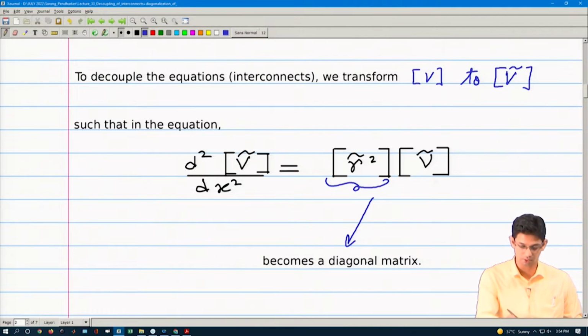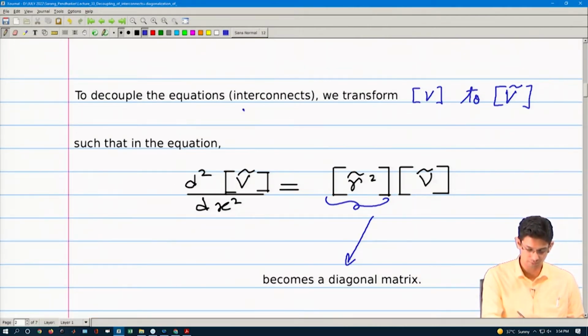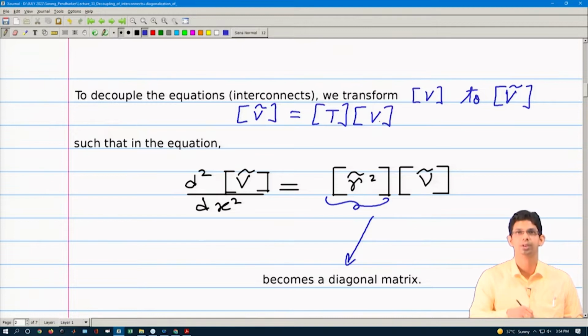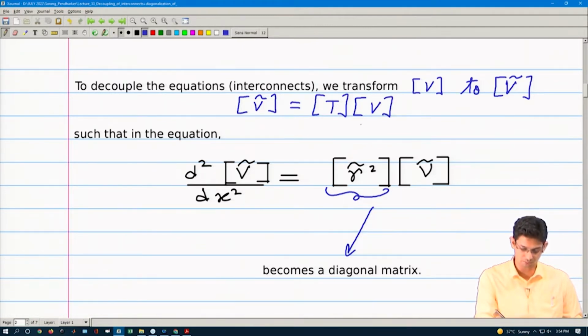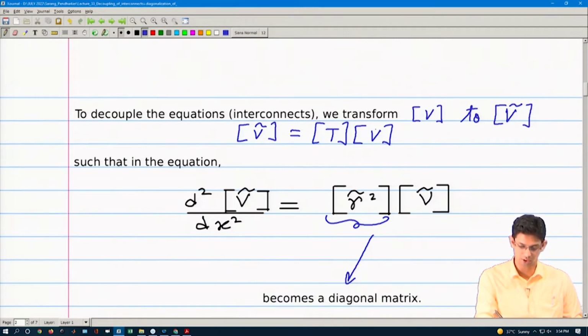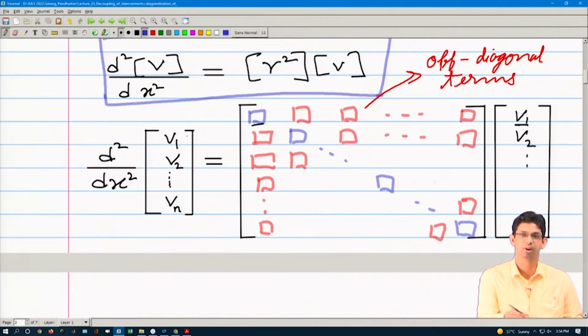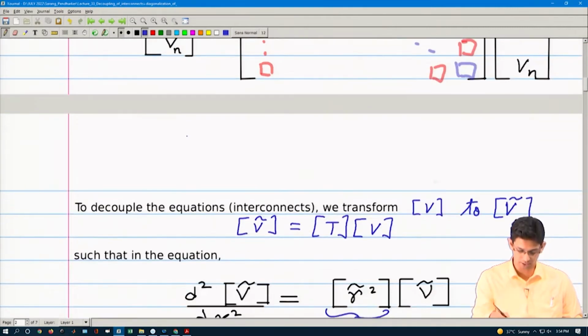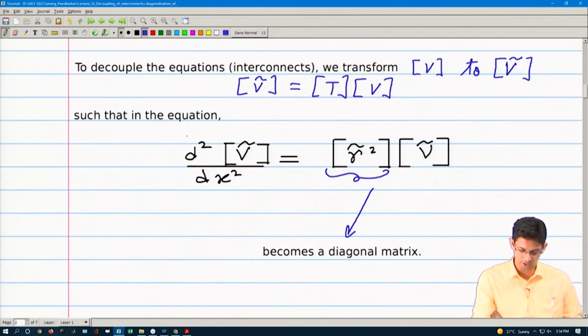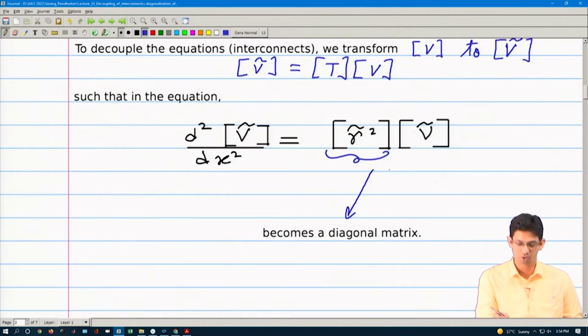So, your transformation should be V tilde is equal to T into V, and once you do this transformation, you would substitute V in terms of V tilde in this equation. For two identical RC interconnects, we did that process, and finally this should be diagonal. So, if this is diagonal, then there will not be any coupling.